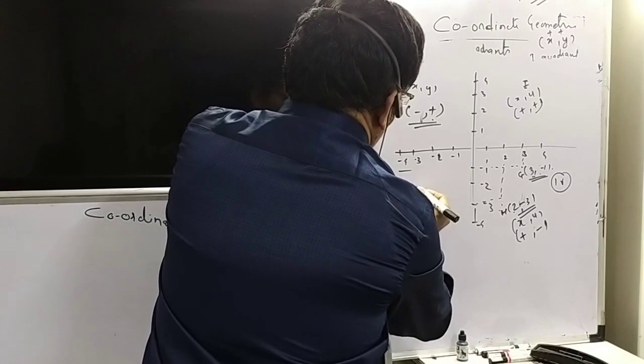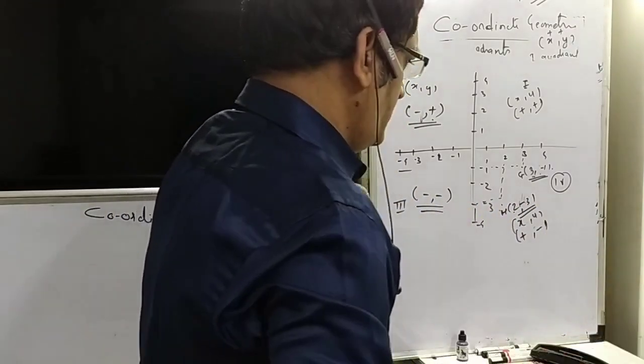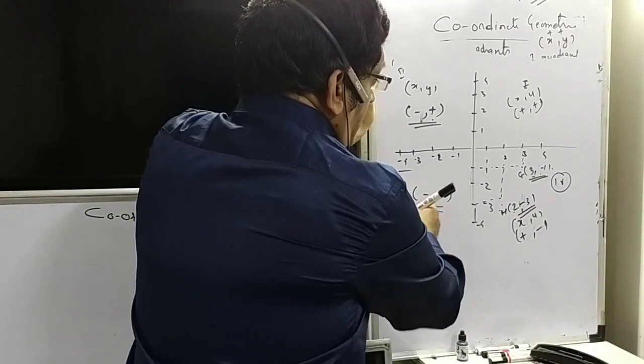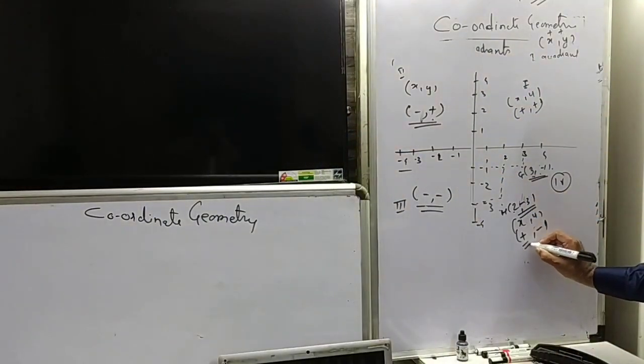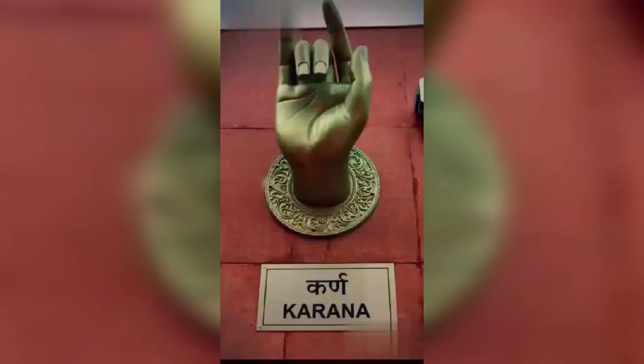In the third quadrant, both x and y are negative. And in the fourth quadrant, the x coordinate is positive and the y coordinate is negative. You all get it?